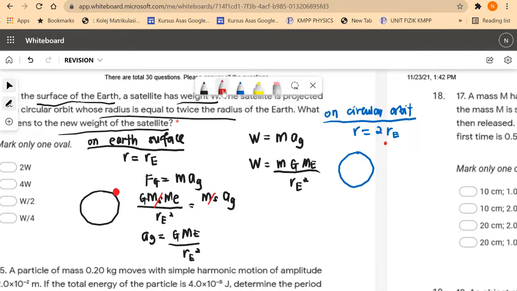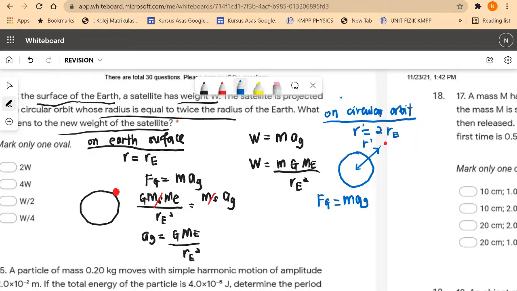So the new R is twice the radius of Earth. Maybe we can write R prime.